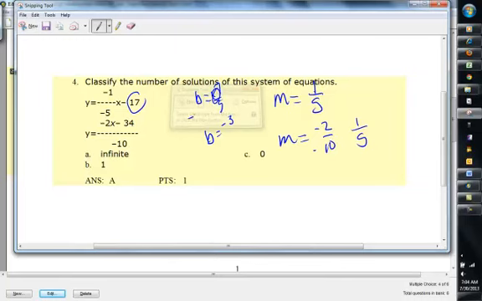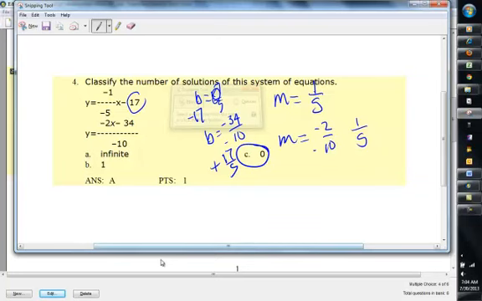In the second case, it's negative 34 over negative 10, which is positive 17/5. So those two have different intercepts, and so we would say same slope, different intercepts, they have no solution.